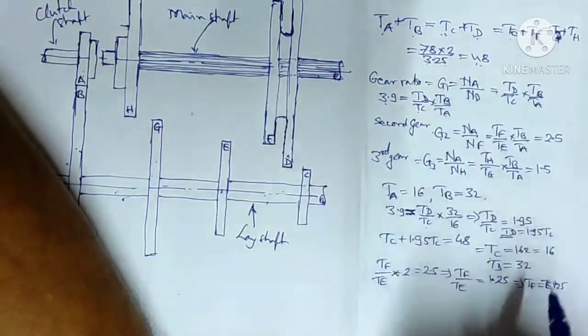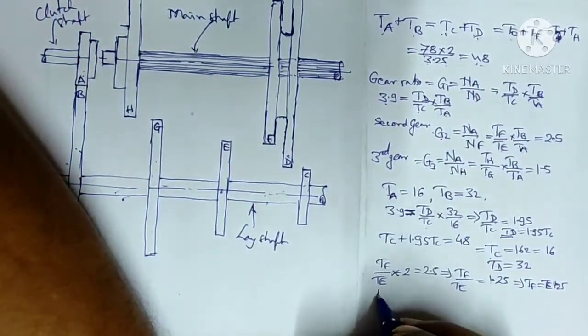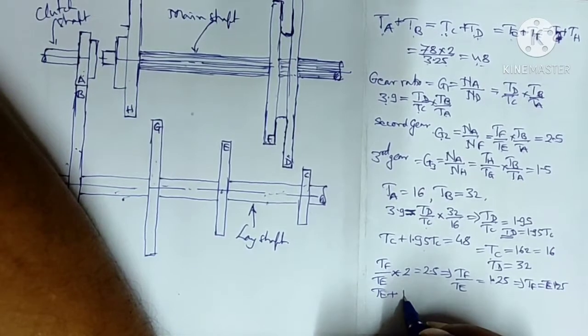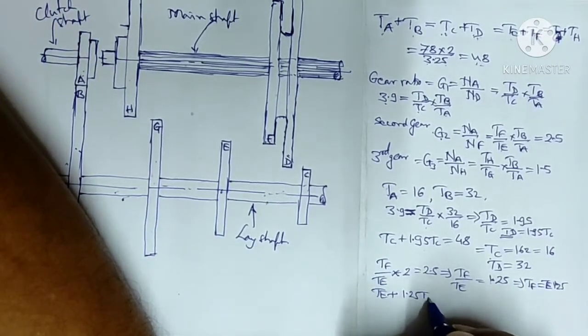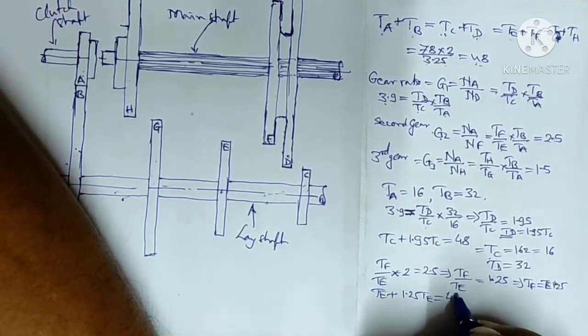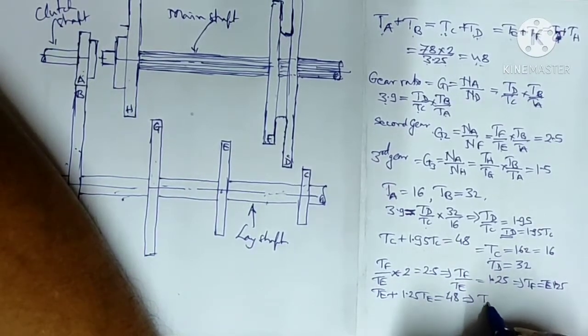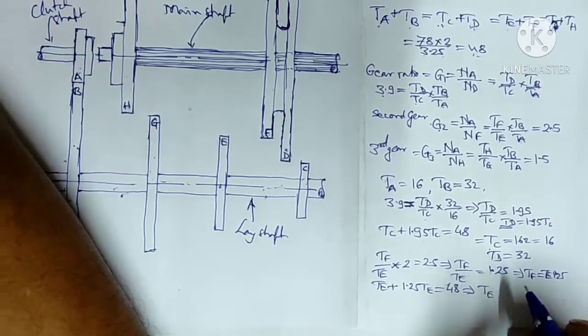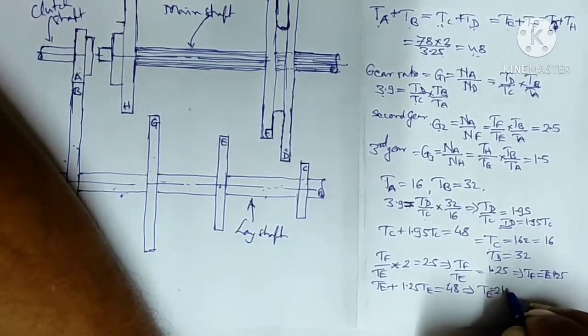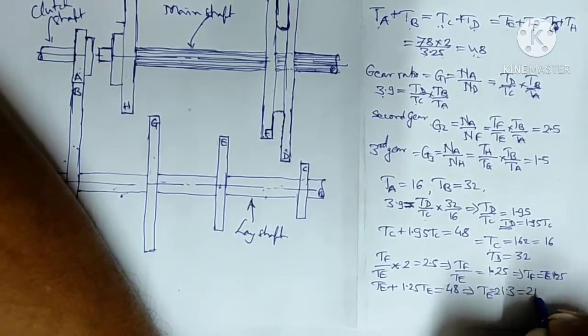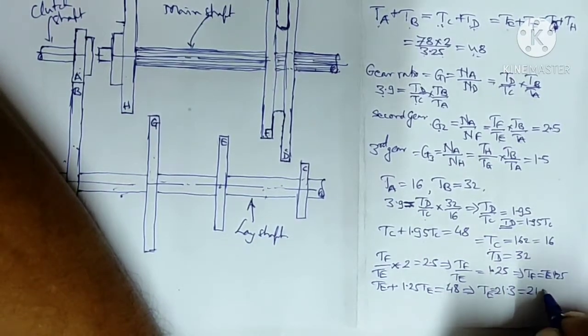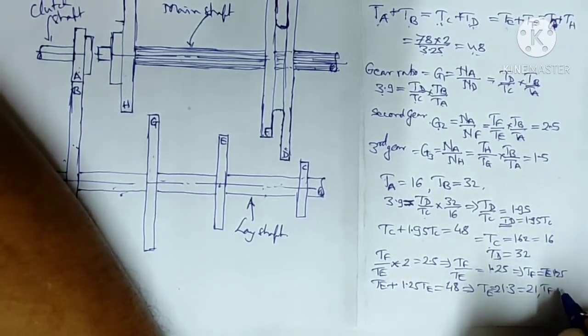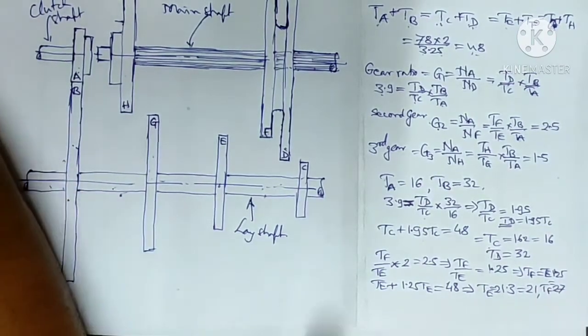So we will substitute TF here, so it will become TE plus 1.25 TE equals 48. From this equation we can calculate the value of TE. TE is coming out to be 21.3. Say it is 21. So in that case TF will be equal to 27. TF equals 27 teeth.